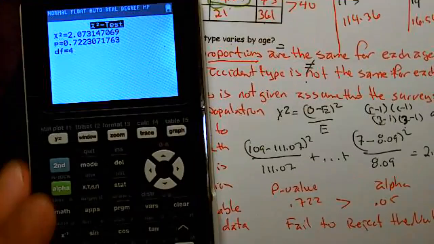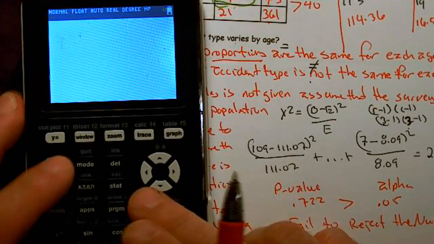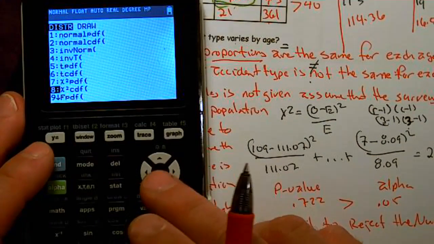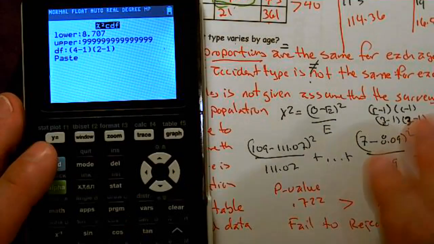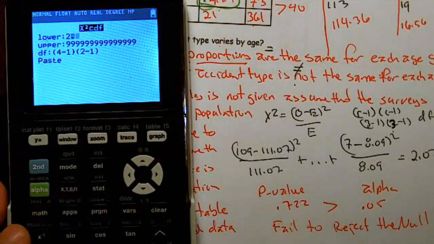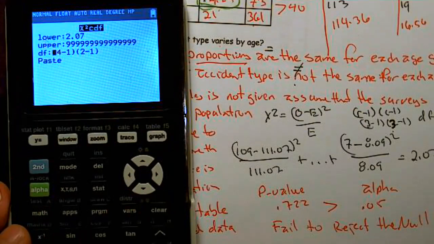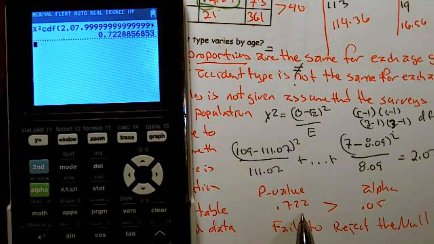And once again, you could have actually done this again with the second vars. Second vars, chi-squared, CDF. Our chi-squared statistic, 2.07. Degrees of freedom was 4. And we get the 0.722, all right?